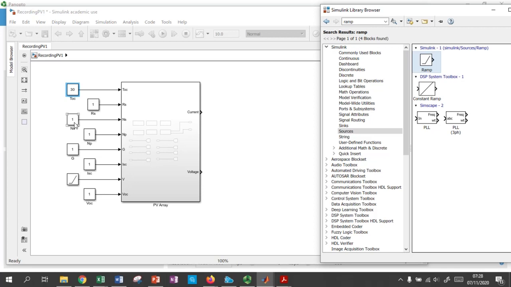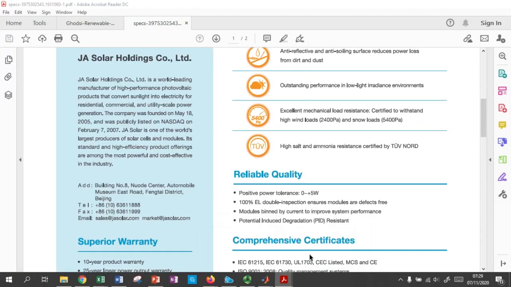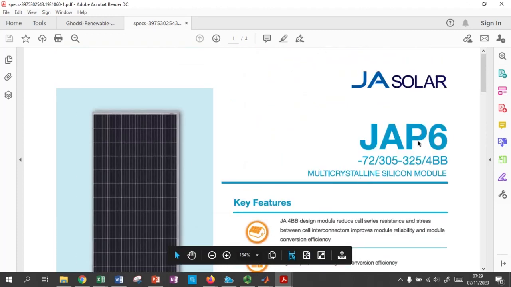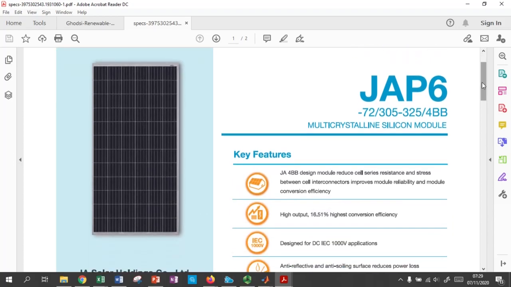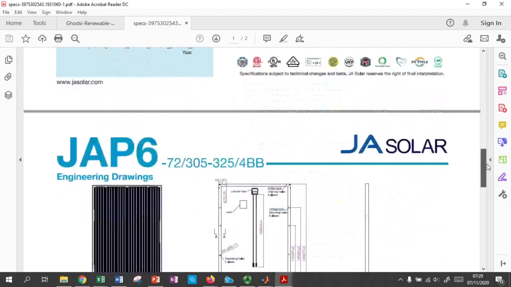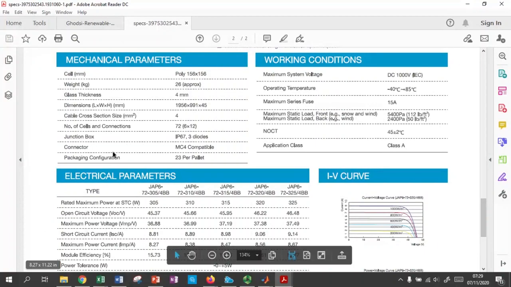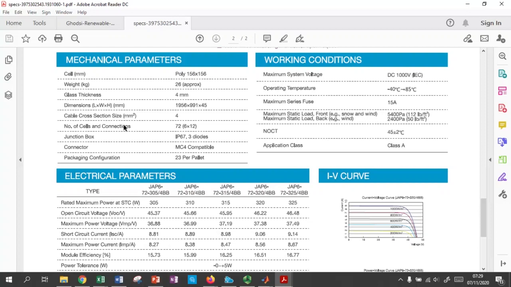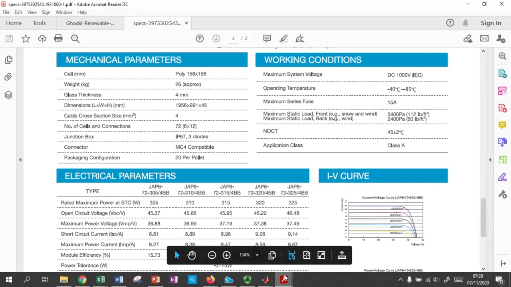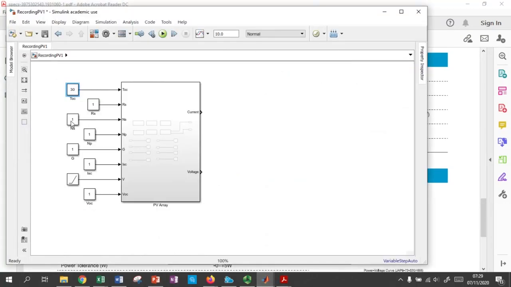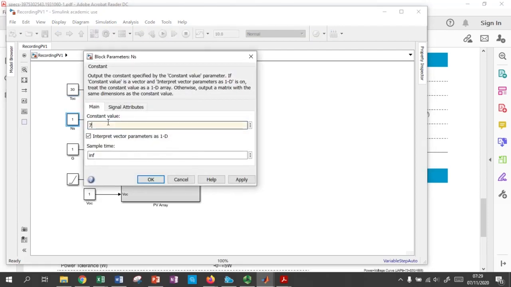Okay, then we can find that. Go to the catalog of this solar panel. This is the JA Solar JAP6 with the number 72. 72 shows the number of cells and connections. Then NS can be found here, which is 72. Then NS is 72.